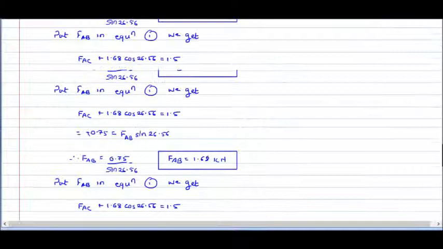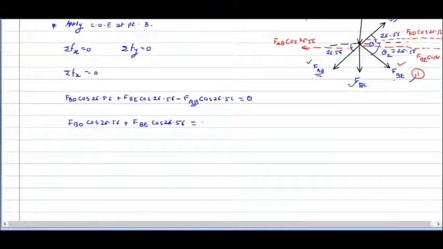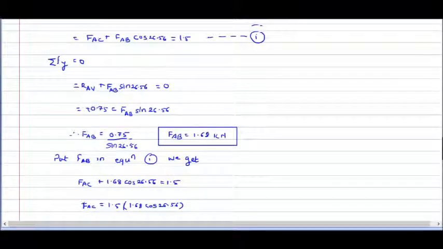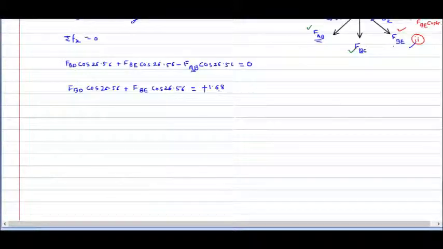It is 1.68. So this will become minus of, because it comes to this side, this will become plus FAB cos of 26.56, whereas the sign convention of FAB is minus, because this value is given as 1.68 only. So 1.68 cos of 26.56. This is the first equation that we got from the first condition.